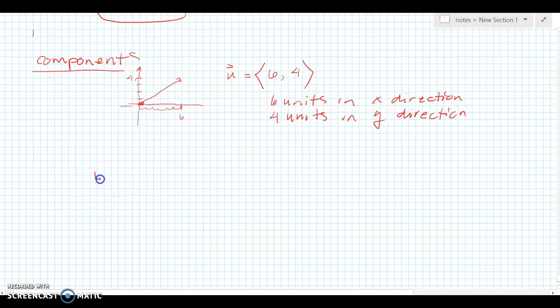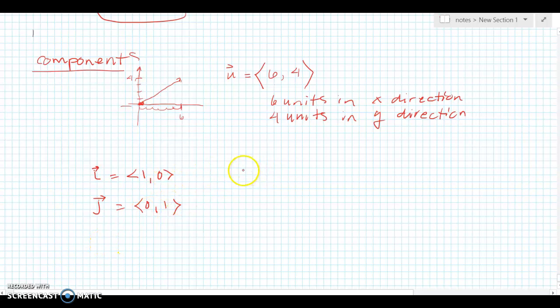Okay, so we have special vectors. We have the i vector. The i vector is <1, 0>, so it's 1 unit in the x direction. We have the j vector, and that is 1 unit in the y direction.